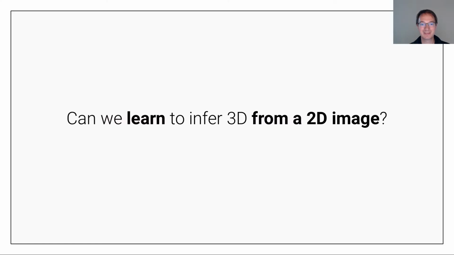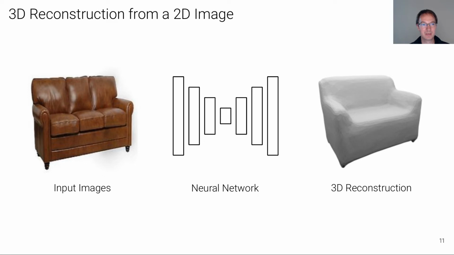The question I'd like to ask here is, can we learn to infer 3D from a 2D image as input? This is the setting that we will consider throughout most of this talk. The input is a single 2D image, and then there is a neural network that tries to predict a 3D shape representation of that object that is depicted in that single image.